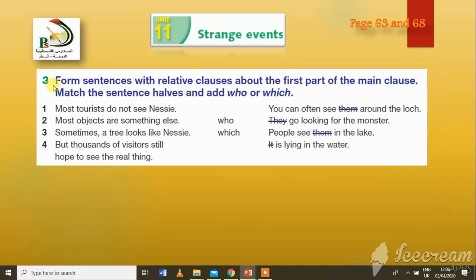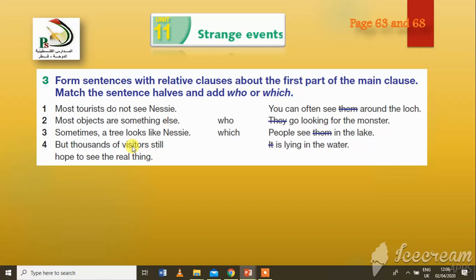Come to activity number 3. Form sentences with relative clauses about the first part of the main clause. Match the sentence halves and add who or which. Now we have to add the relative clause here.